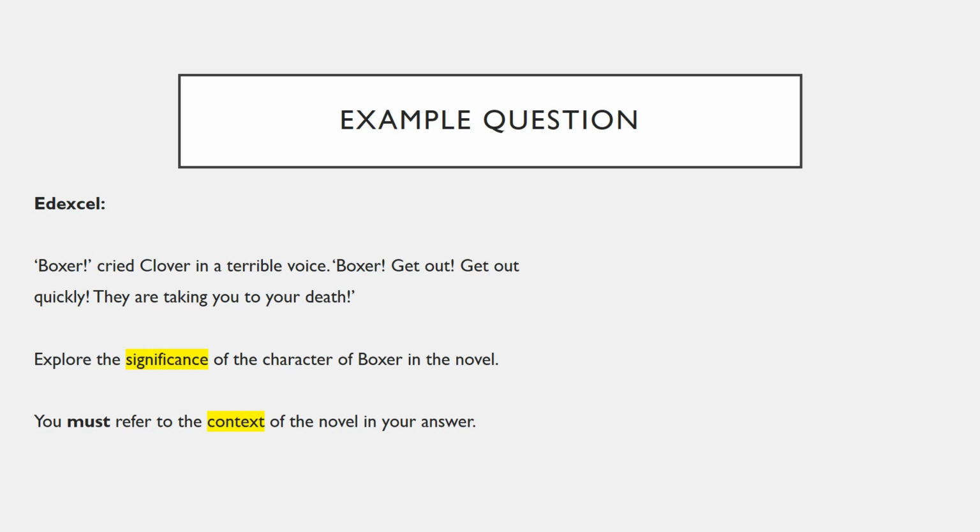In particular, they don't know how to deal with the context, even though they know loads of facts about the Russian Revolution or whatever it is, whatever novel you're studying, this applies. People know the facts, but they don't know how to get them across. So we're going to be looking at that as well.